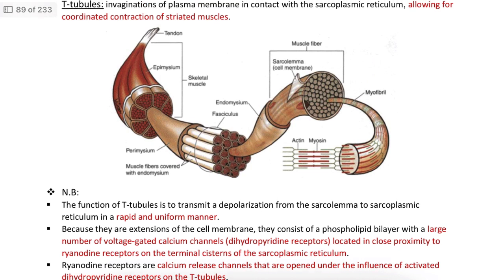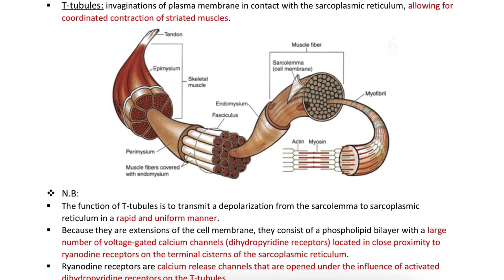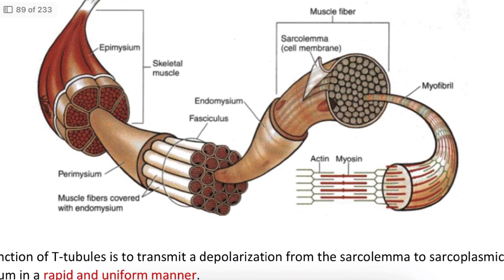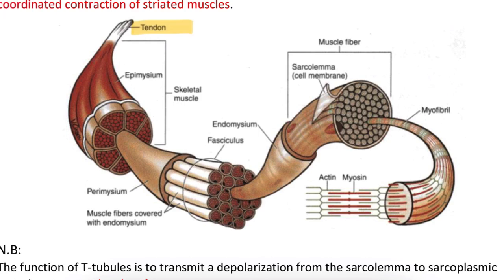First of all, in skeletal muscle we have to know the basic gross anatomy. If we look here, this is the tendon. The tendon is connective tissue that anchors muscle to bone.